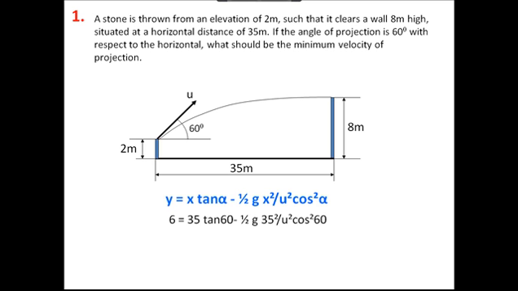So we have kept the origin at the point of projection, which is 2 meters above the ground, and therefore from there, if we measure y, it will be 8 minus 2, 6. Then x is 35 and 60 degrees is the angle of projection, so that is alpha. And then you see in this equation there is only one unknown, u, which is not difficult to find, and that is what was required.